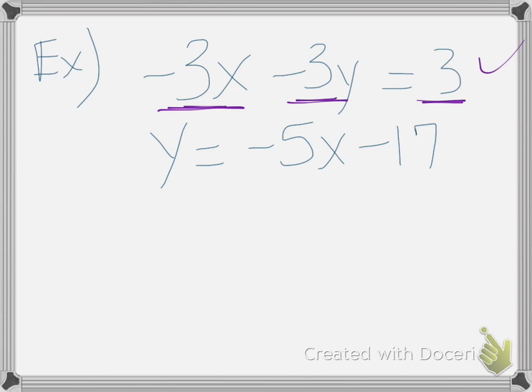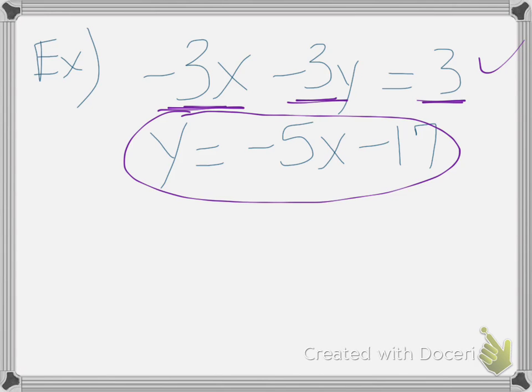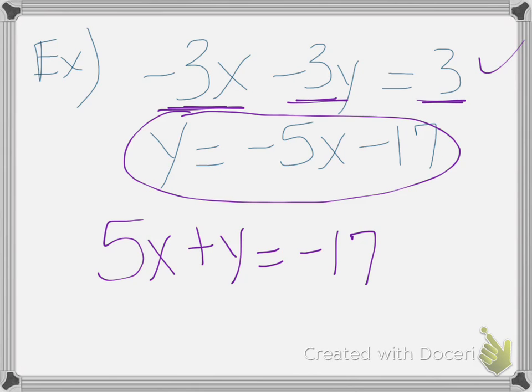So then you're going to change this equation to 5x, a positive 5x, positive y equals negative 17. And what number's in front of the y? A 1.